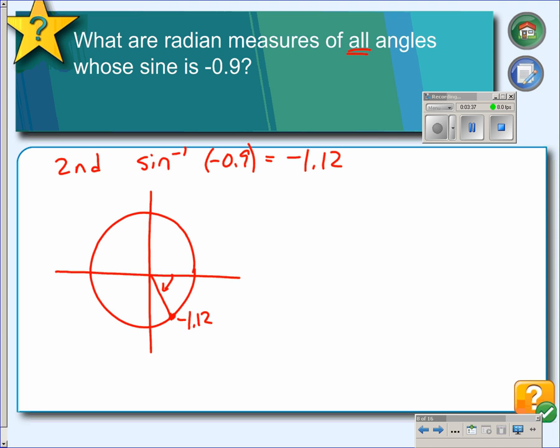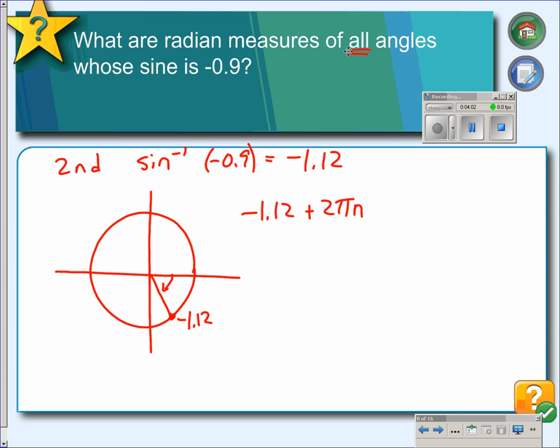So we have -1.12, but if we go around the circle again and end in the same spot, we'll get another one. So if we add another 2π to that, we'll get another angle in the same spot. And if we keep on adding 2π, we'll keep getting more and more angles. So we say 2πn, where n is any integer. So this would give us a whole bunch of answers in this region.